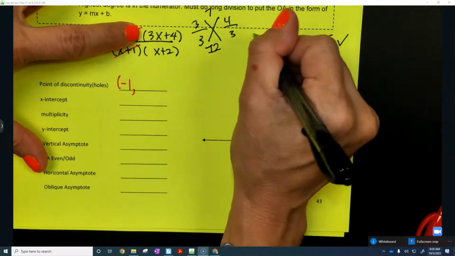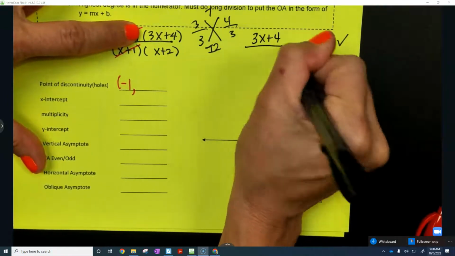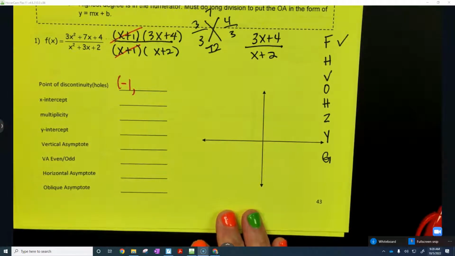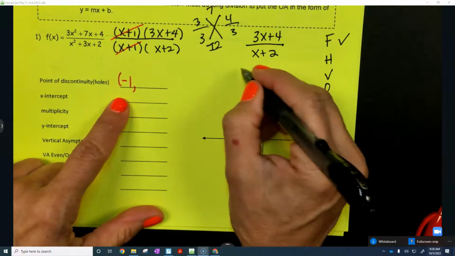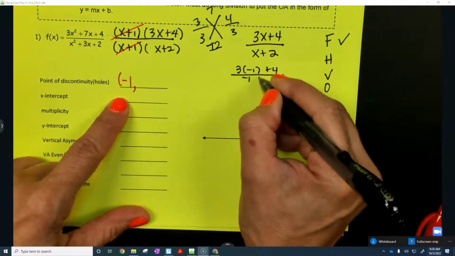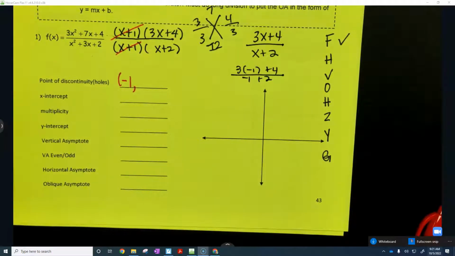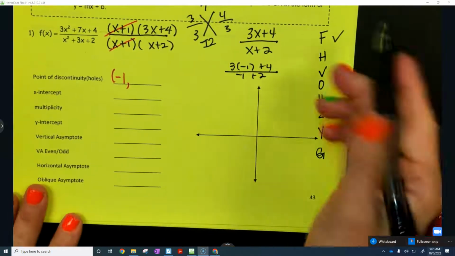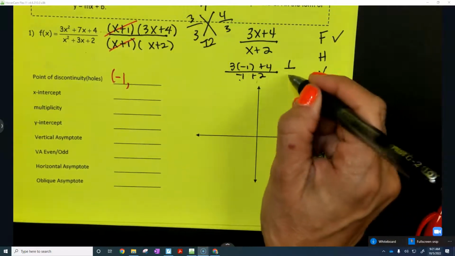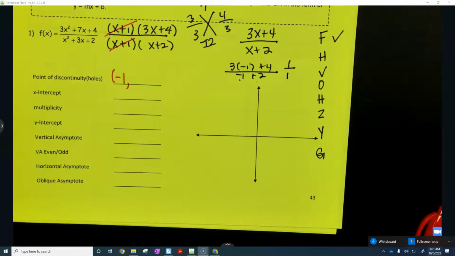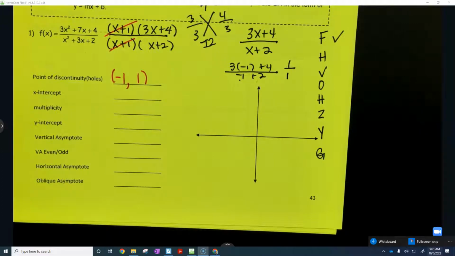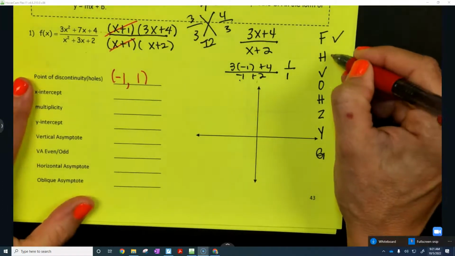So what is left now is 3x plus 4 over x plus 2. I'm going to plug in the -1 to figure out where it is on the grid. So this is going to be 3 times -1 plus 4 over -1 plus 2. So that's a -3 plus 4. That's just going to be a 1. And then a -1 plus 2 is a 1. So the y-coordinate's 1. But we'll worry about where that is on the graph later. Let's keep going on our little setup here.